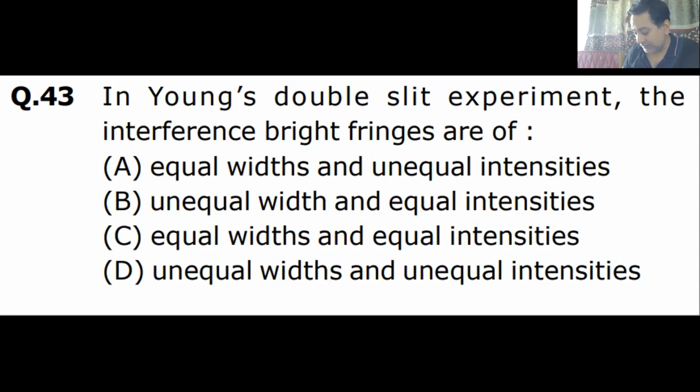A, B, C, D. Waiting for your answers. Are they of equal width and unequal intensities? Are they of unequal width and equal intensities? Equal width, equal intensities, or what? I'm waiting for your answers. A, B, C, D, 1, 2, 3, 4.